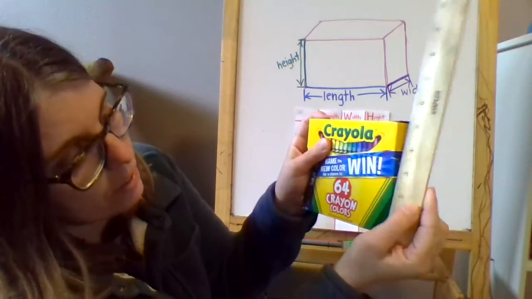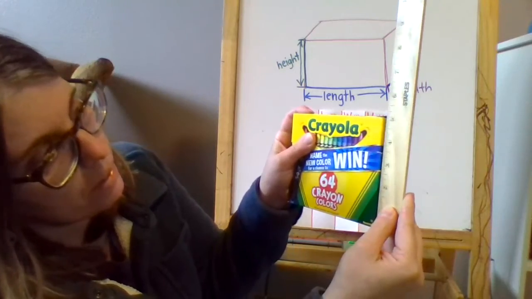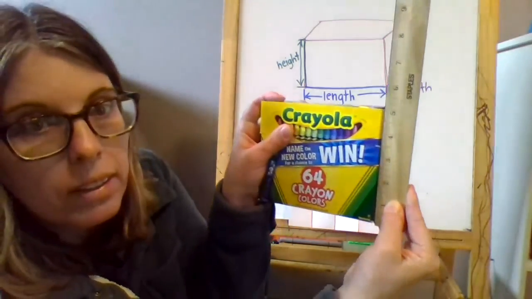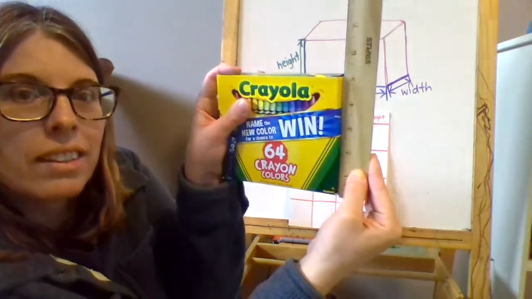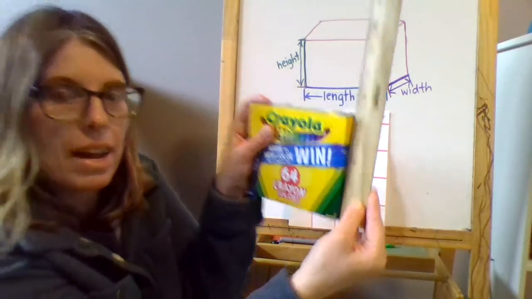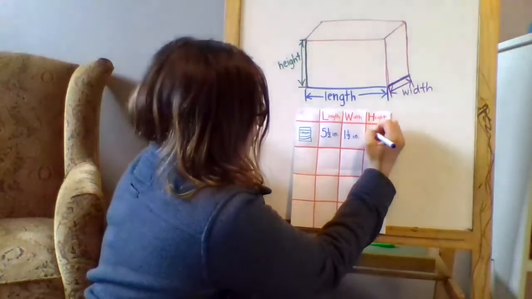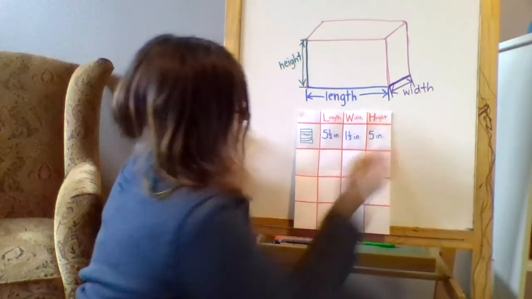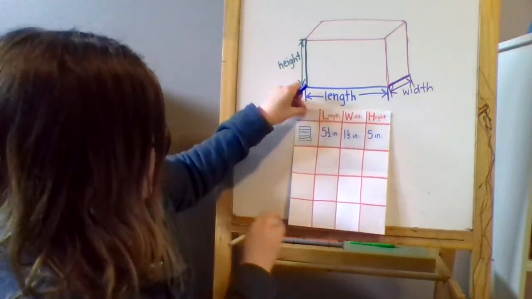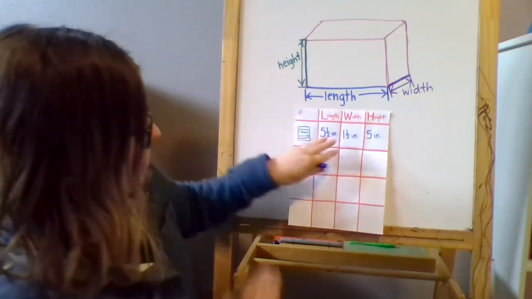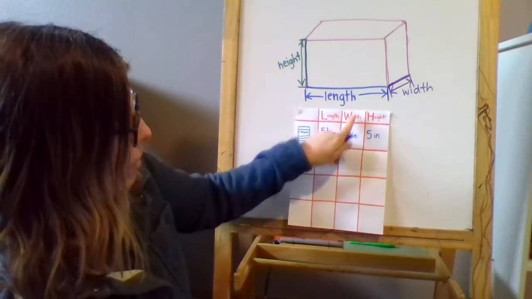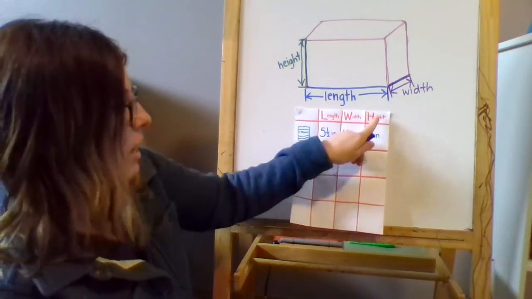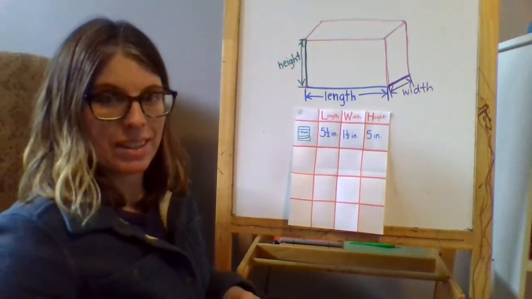Let's see. Can you see that? Looks like it's about 5 inches. Not 5.5 this time, just 5. So I'll write 5. Then my shortened number, my abbreviation for inches. Okay. So 5.5 inches was the length. The width was 1.5 inches. The height was 5 inches.